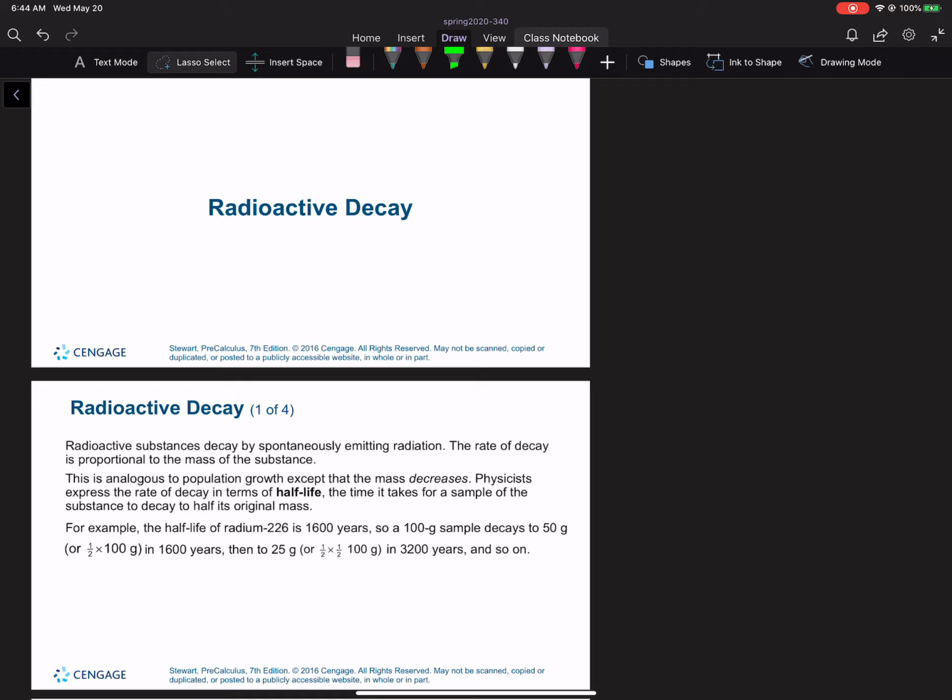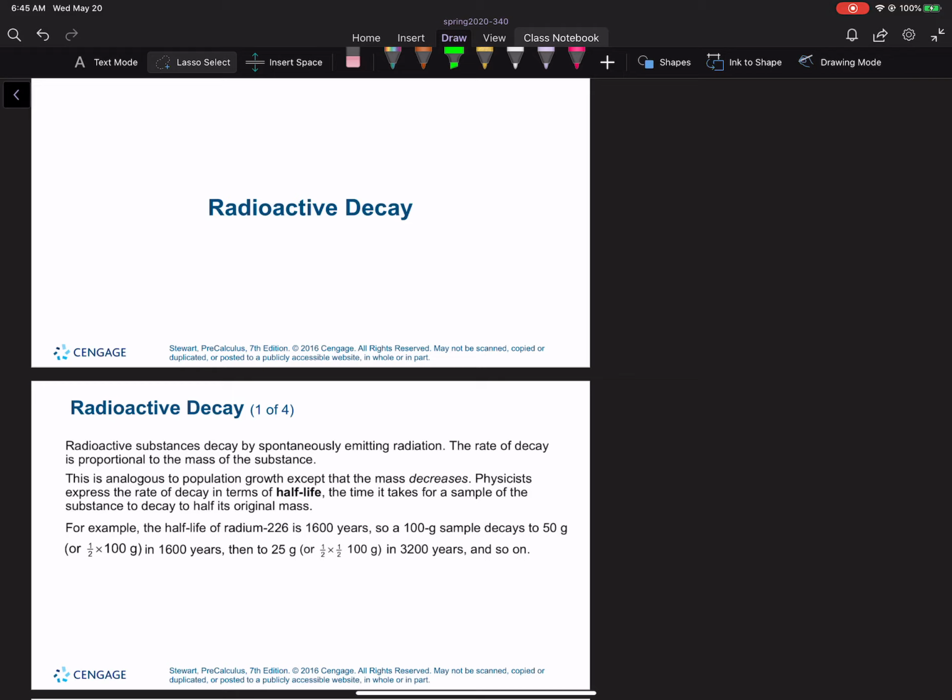So, for example, in this problem they have a radioactive substance called radium 226, and its half-life is 1600 years, meaning that after 1600 years, whatever amount you initially started off with will be reduced by half. If you start off with 100 grams of that substance, by 1600 years it would have reduced to 50.